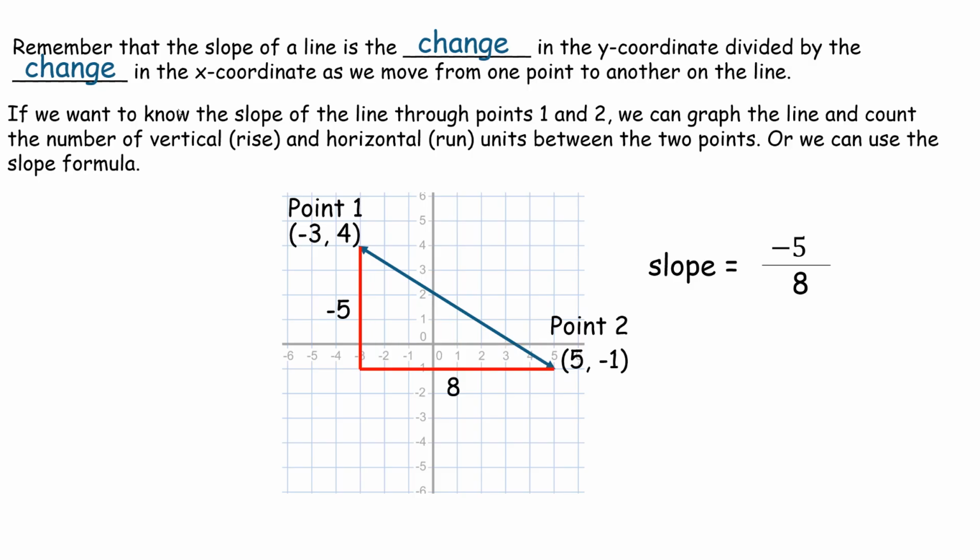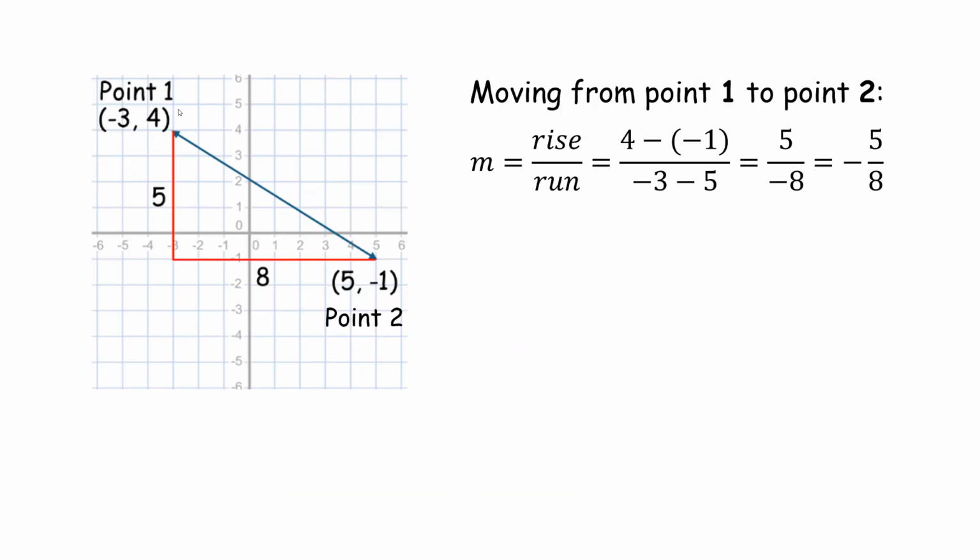So without a picture, the way that you could explain that would be that the slope of a line through any 2 points is the rise over the run, which is just the difference of the y coordinates, so 4 minus negative 1 in this case, over the difference in the x coordinates, the run. Negative 3 is where we start.